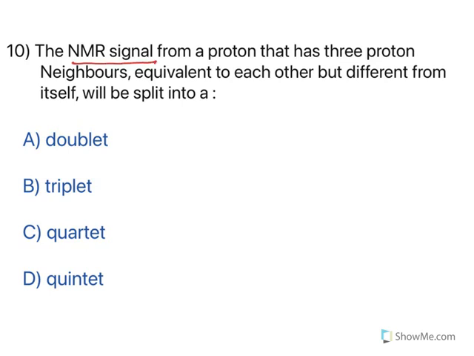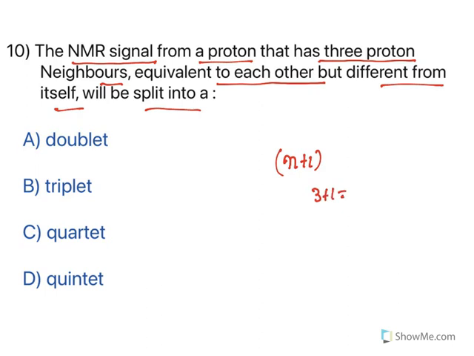Now, the NMR signal from a proton that has 3 proton neighbors, equivalent to each other but different from itself, will be split into what? This is called spin-spin splitting. It follows a rule called n plus 1. If there are 3 adjacent protons, 3 plus 1, the signal will split into 4. Now understand the concept. See, you have 2 signals.